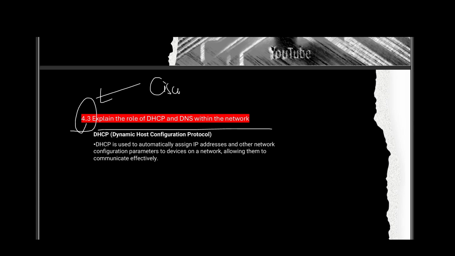So I'm preparing our lectures for that. But I'd like to jump over to DHCP and DNS. This will be a critical topic and something that we can apply right away in our laboratory.